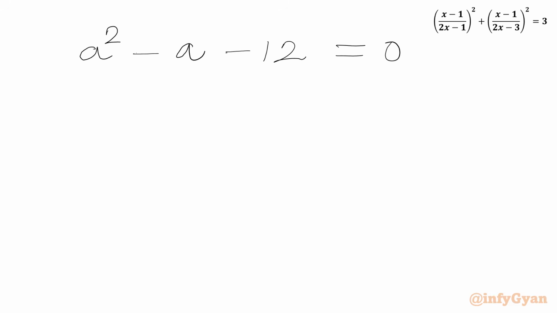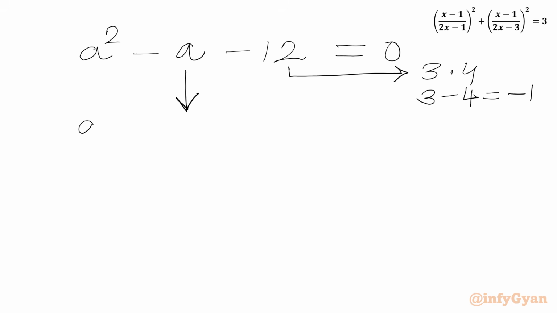Now this is one quadratic equation. We can use method of factorization. So we have factors of 12, 3 times 4. And if I will subtract 4 from 3, I will get minus 1. So we will split our middle term minus a as minus 4a plus 3a.